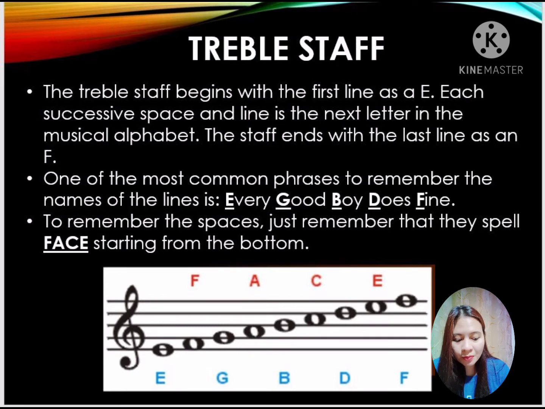To remember the spaces, just remember that they spell FACE starting from the bottom. As you can see from the picture, the musical symbols are arranged that way. The spaces are F, A, C, E, and the lines are E, G, B, D, F, or every good boy does fine.